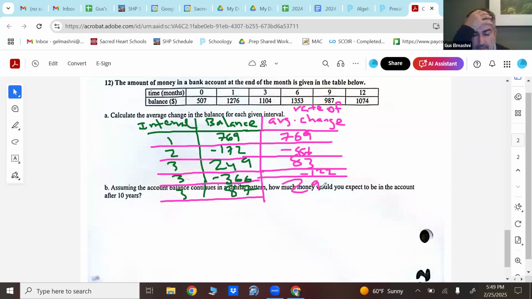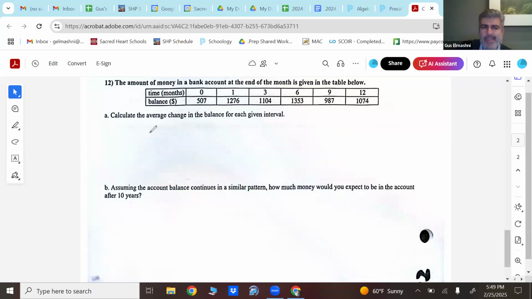But I just don't understand what he wants to do for part B. Like that doesn't make any sense. Yeah, the problem just seems weird to me. I suppose you could do this.